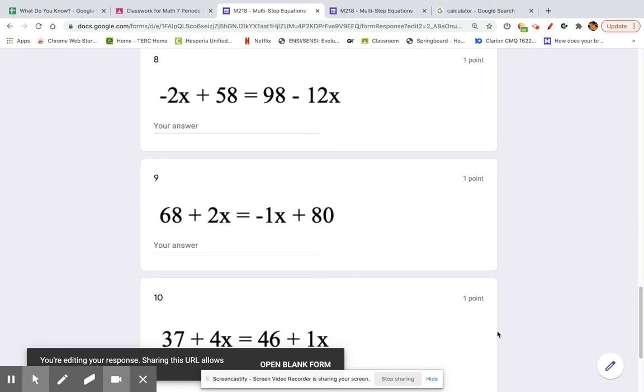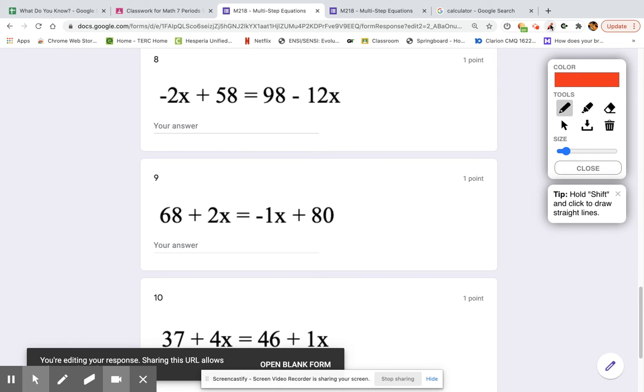All right. So let's go ahead and continue this with number 8. So here we have negative 2x plus 58 equals 98 minus 12x. So again, now you might be saying, well, we have a negative 2x here and a minus 12x here. And really, you could start with either side.